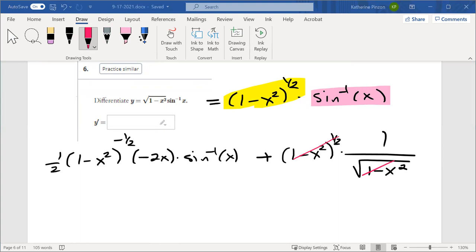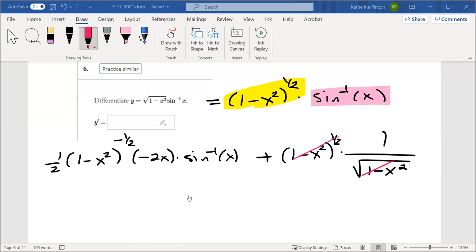Okay, which number was this? 6. What is it? What's it saying here? Oh, nothing. What is it? Times 1 over square root. Oh, it won't take that.